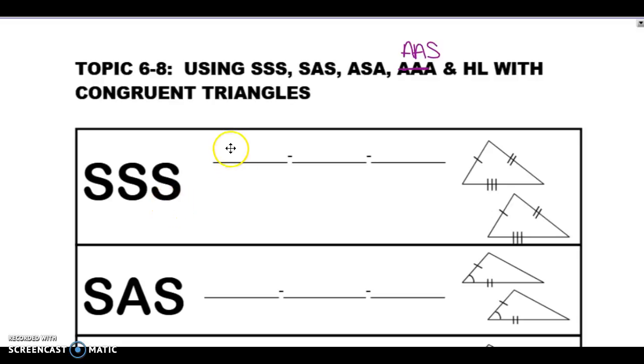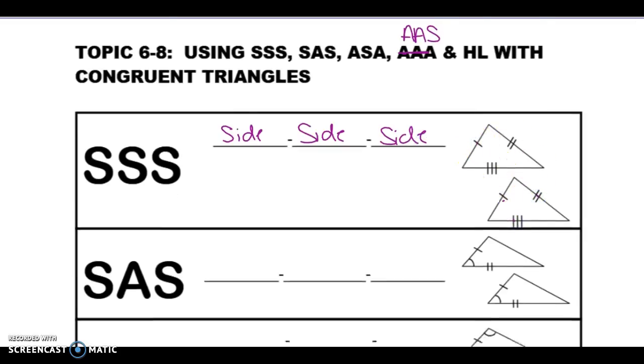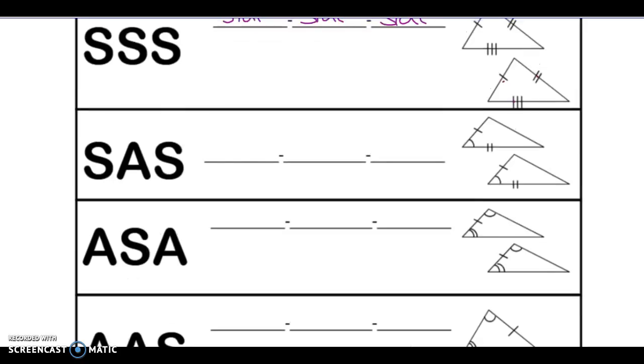Remember, SSS is side, side, side. And this is when you have three pairs of corresponding sides that are congruent. And then we have side, angle, side. This is when we have two pairs of corresponding sides that are congruent and their included angle.